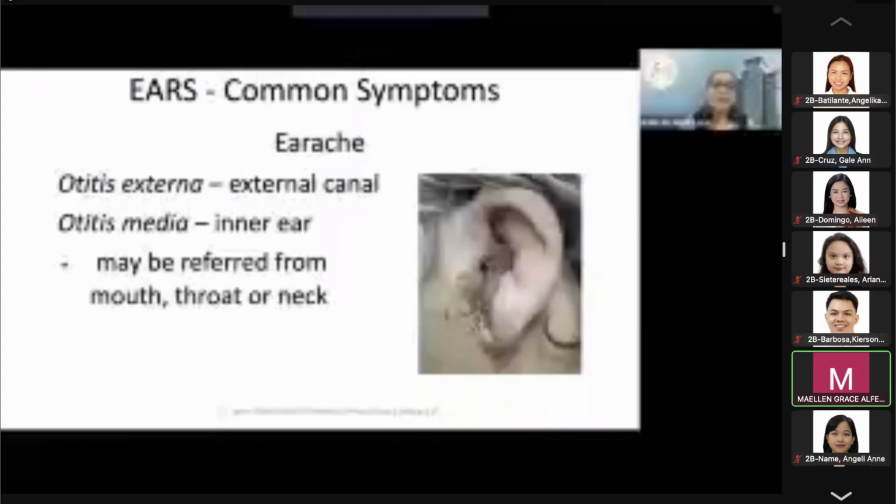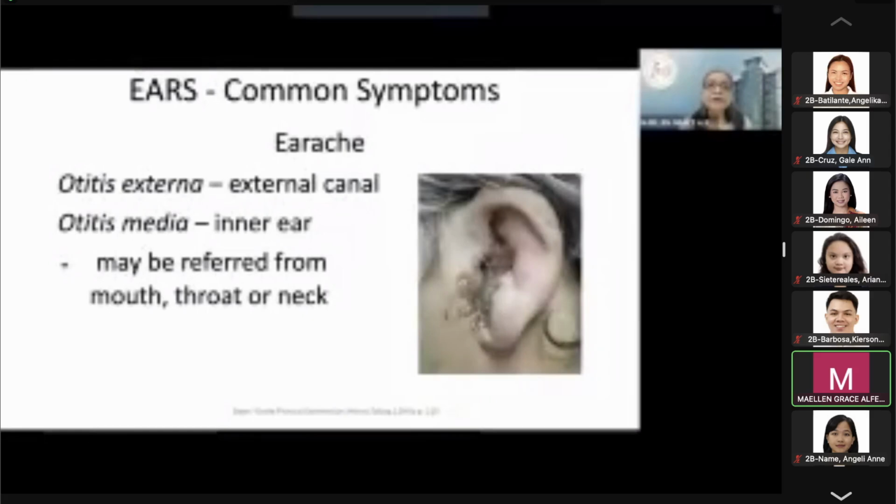However, you can also have an inner ear infection. So that's otitis media. Usually the pain is in the inner ear part. However, you can also have referred pain from the mouth, throat, and the neck.